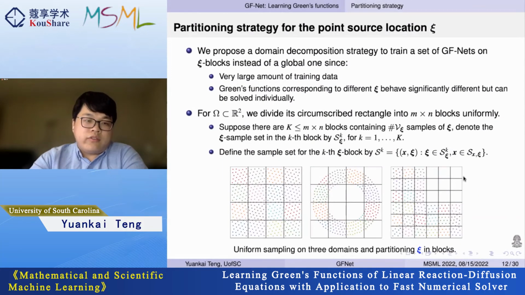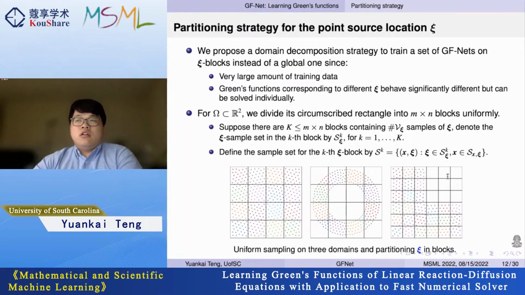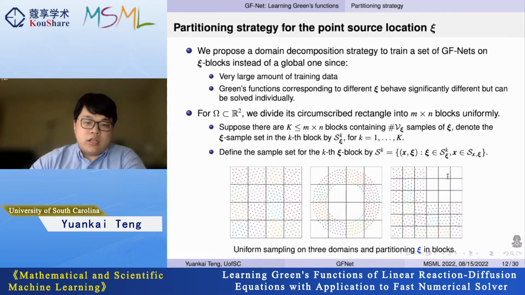After choosing the sampling strategy for X, we would like to find an efficient sampling strategy for ξ to form our final training data. Ideally, we hope we can train one network to represent the whole behavior of Green's function on the given domain, but we cannot do that since the large amount of training data cannot be handled by the limited computational budget.